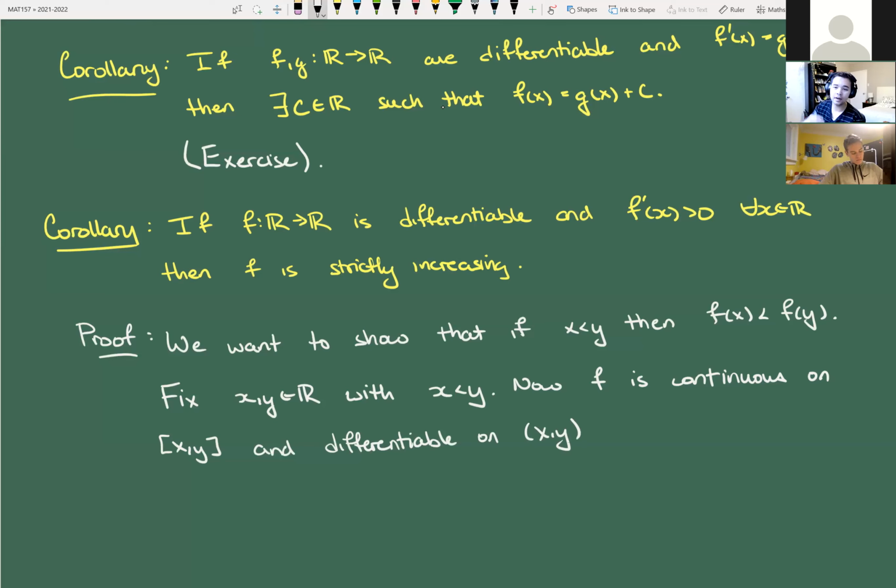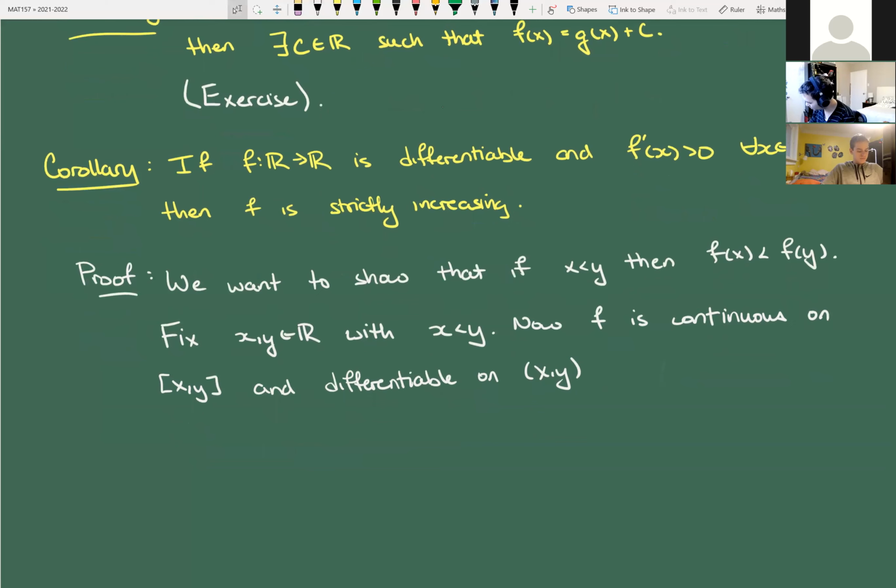And again, here I'm just using the fact that since I know f is differentiable everywhere, it's certainly everywhere continuous, right? Because differentiability implies continuity. So definitely if I restrict myself to any subinterval of the real numbers, then it does everything that I want it to do, right? And differentiable on open (x, y), thus by the MVT.